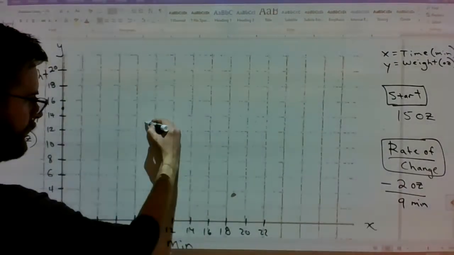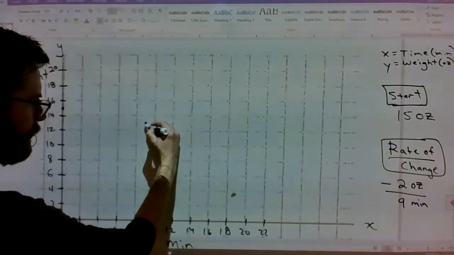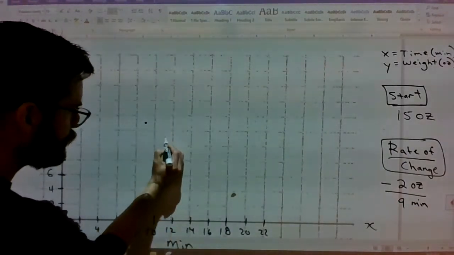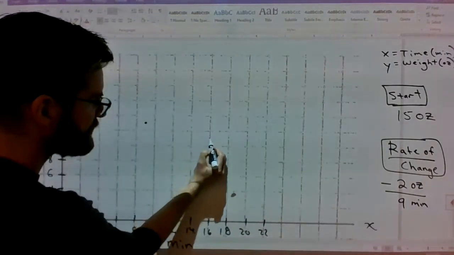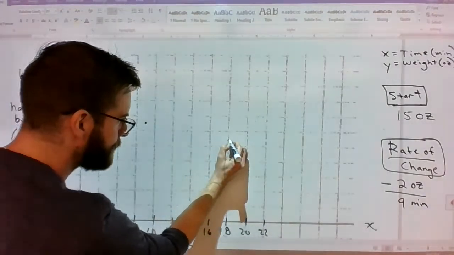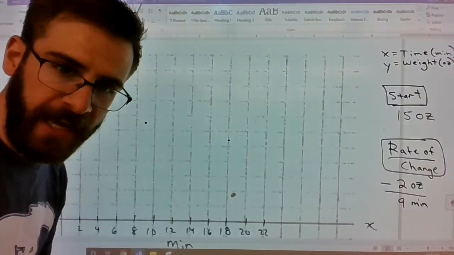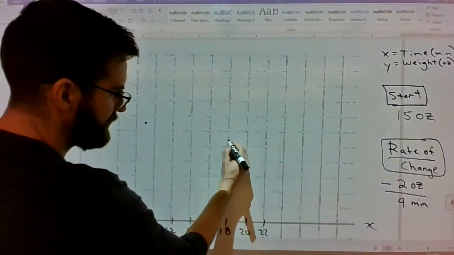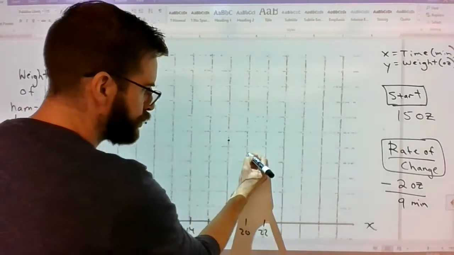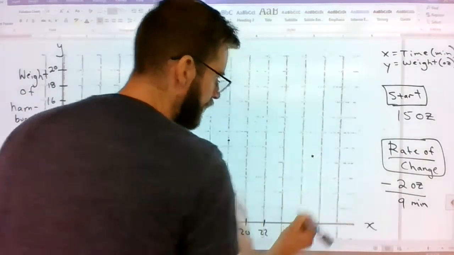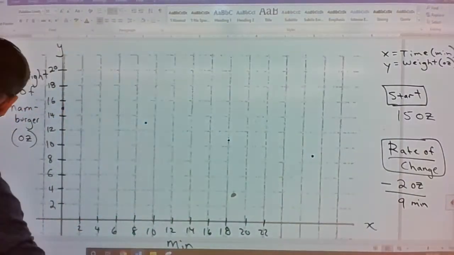And again, you're going to keep decreasing. Down 1, 2 ounces every 1, 2, 3, 4, 5, 6, 7, 8, 9. And you plot as many of those as you can on your graph. Down 1, 2, right 2, 4, 6, 8, 9. I'm going to just stop there.